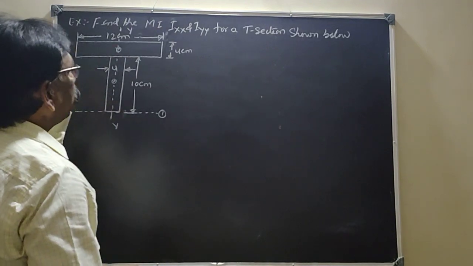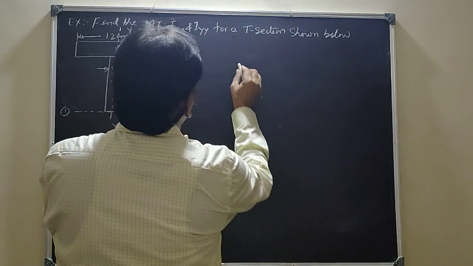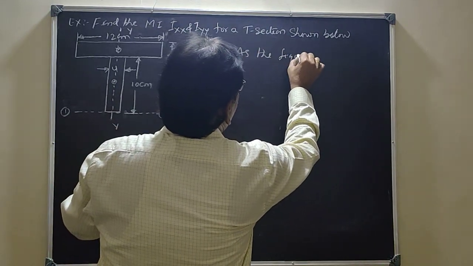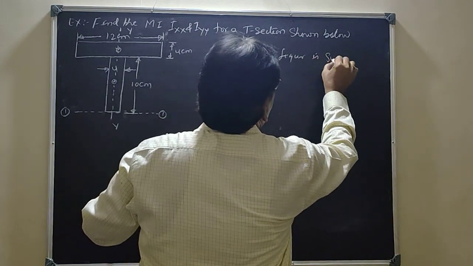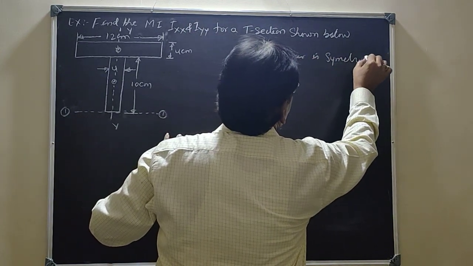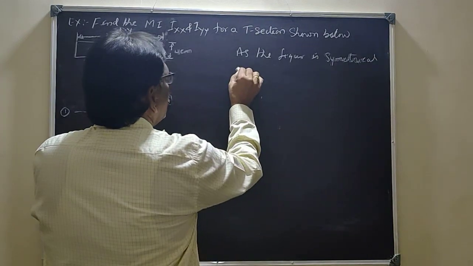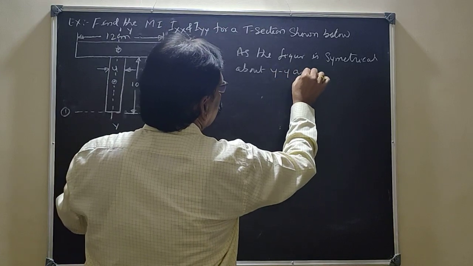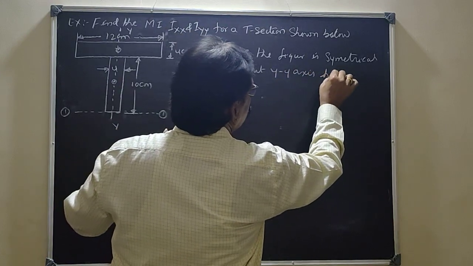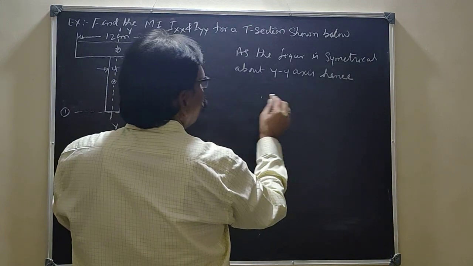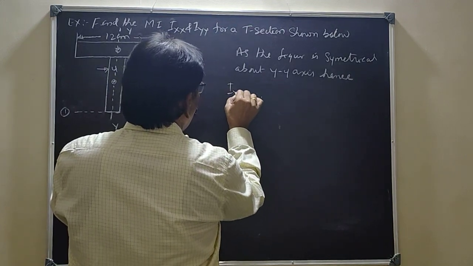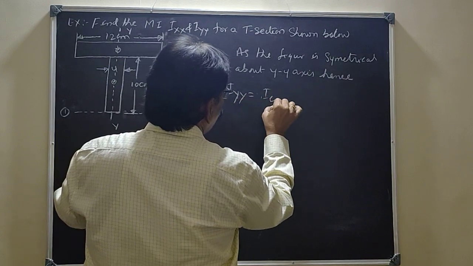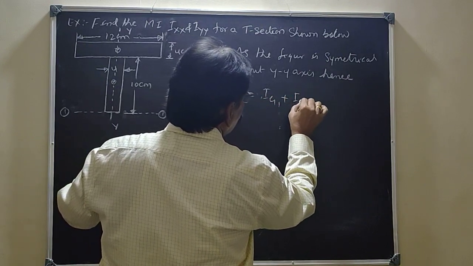And because the figure is symmetrical about the y axis, hence the moment of inertia Iyy is equal to Iz1 plus Iz2.